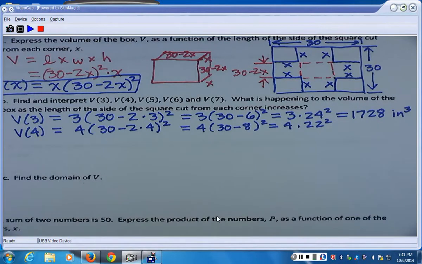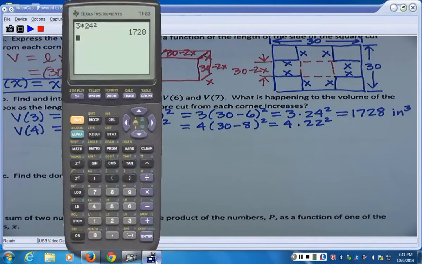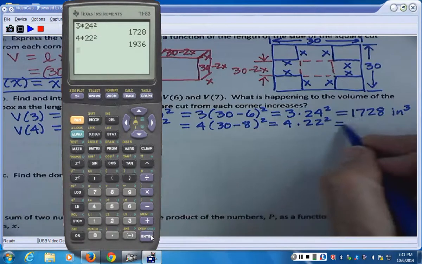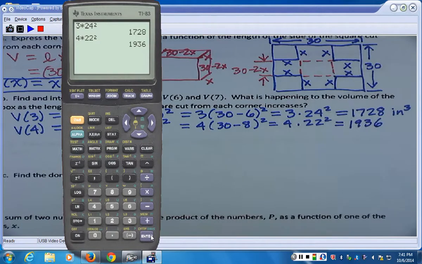So the amount we're squaring is going down, but the number in front is going up. 4 times 22 squared, and we get 1936.